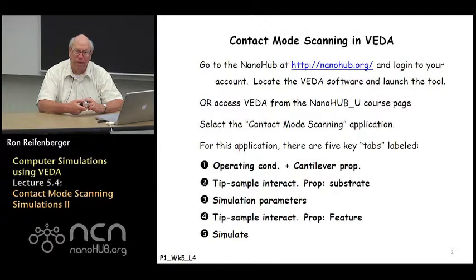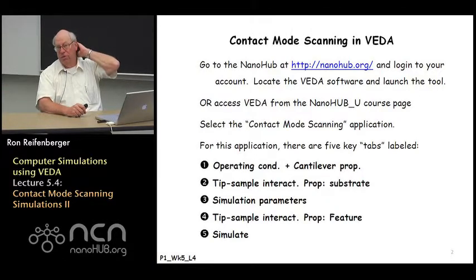You also have to specify the cantilever properties. The second tab allows you to specify the tip sample interaction. You're allowed to choose whichever model for tip sample interaction best fits your experimental situation.